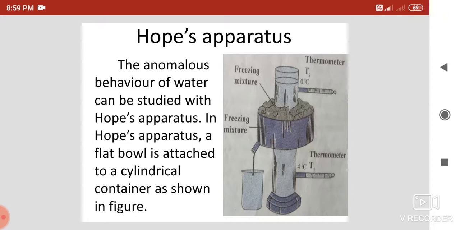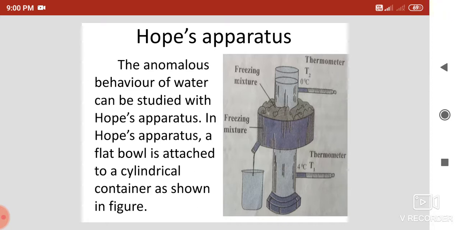Afterwards, the temperature of the upper part, T2, decreases first, and it becomes 0 degrees Celsius. Then the temperature of the lower part, T1, decreases and it also reaches 0 degrees Celsius.